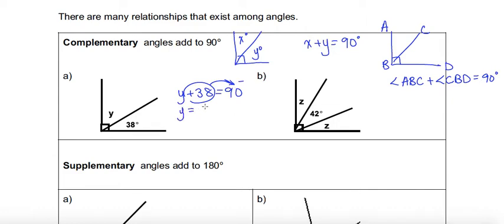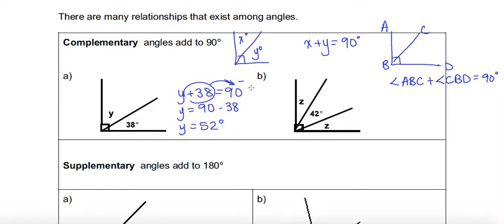So y is equal to 90 take away 38, and then it becomes an arithmetic question. You can do this using mental math, or you can use a calculator. So 90 take away 38 is 52. So the value of y is 52 degrees. Make sure that when you are solving for angles, you use the angle symbol in your final answer.